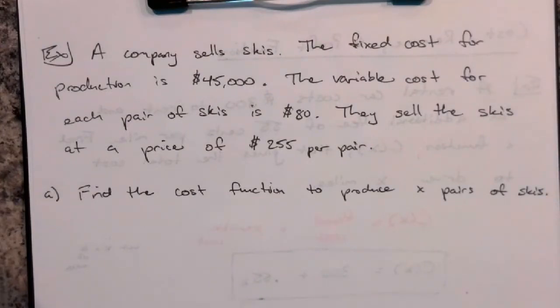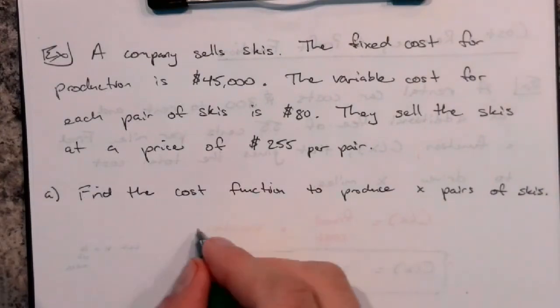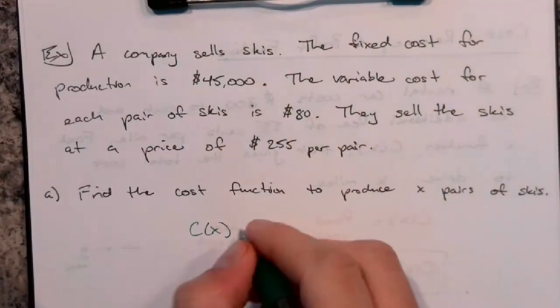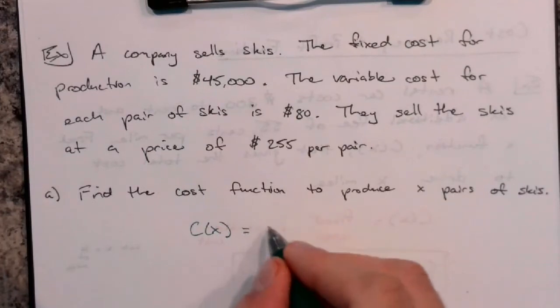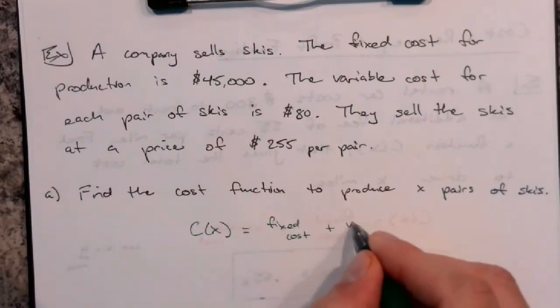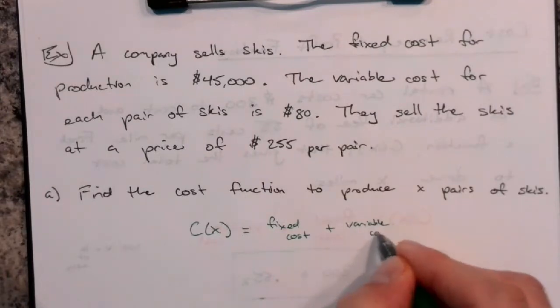Now remember, for cost, we called it C of x. And in words, remember what I said. The cost function is equal to your fixed costs plus your variable cost.